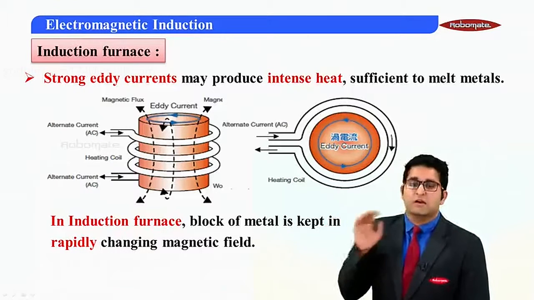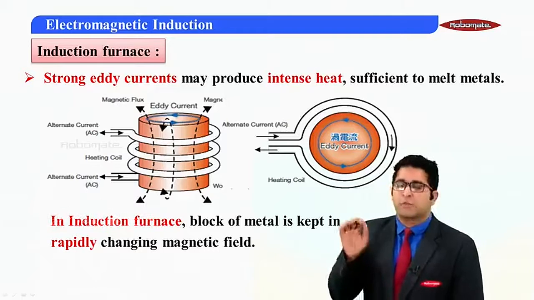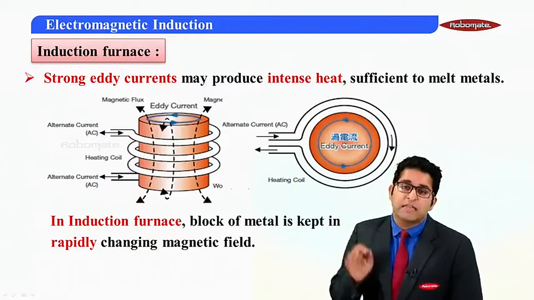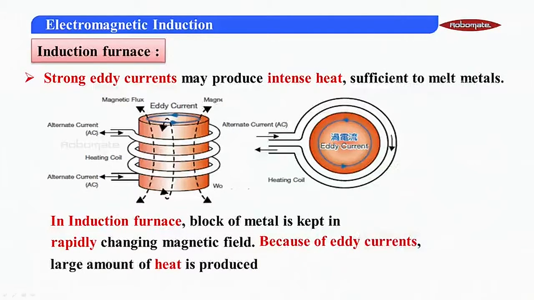So thus we can say here the metal block is kept in a rapidly changing magnetic field, and because of this rapidly changing magnetic field, eddy currents will be set up in this particular block, and these eddy currents will generate a very large amount of heat, and because of this large amount of heat, these metals will melt, right? Now let us move further. This was the second application.